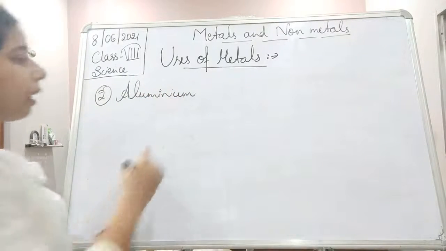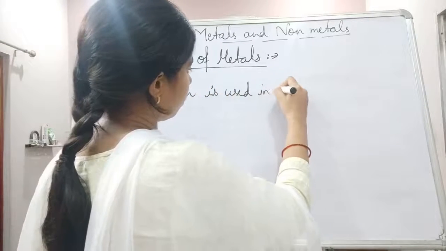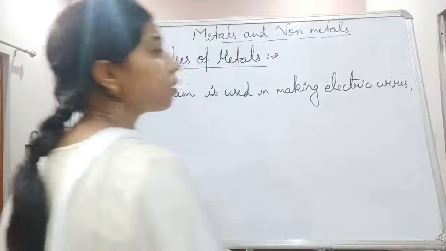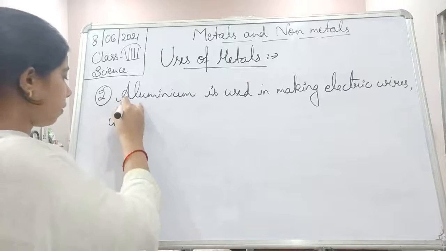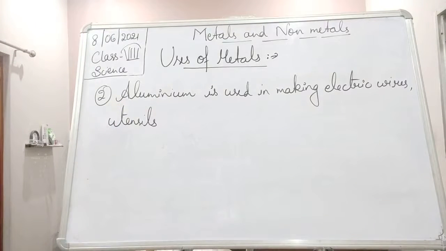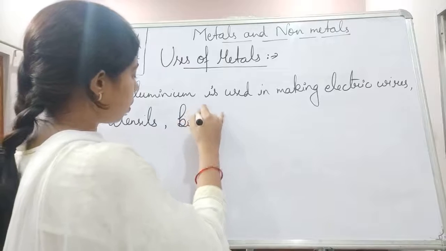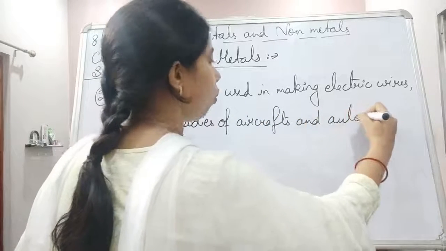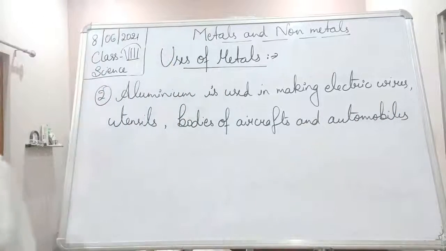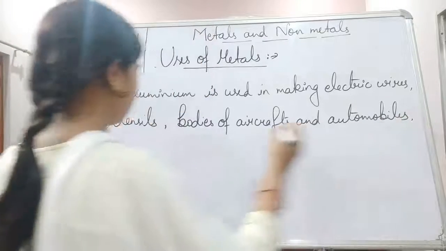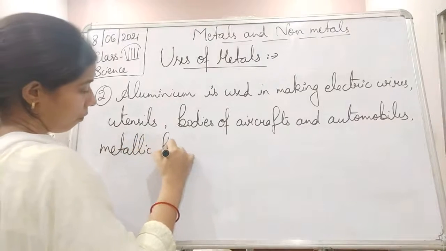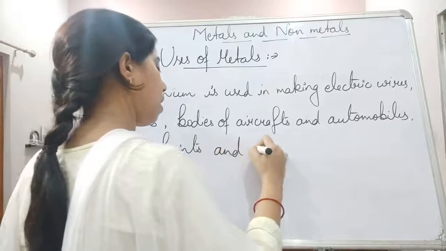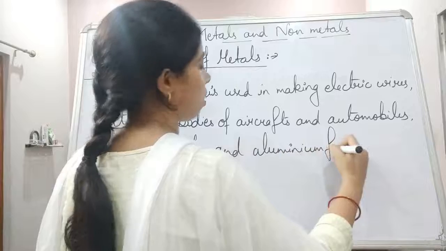Aluminium is used in making electric wires, utensils, bodies of aircraft and automobiles, metallic paint, and aluminium foil.